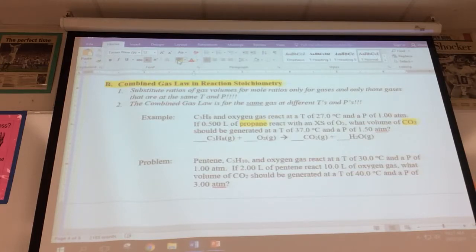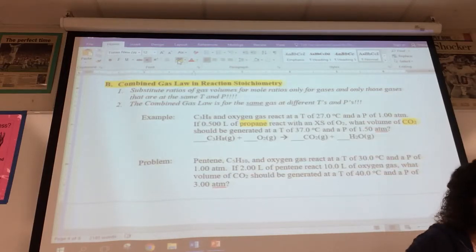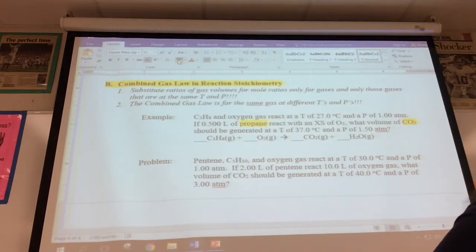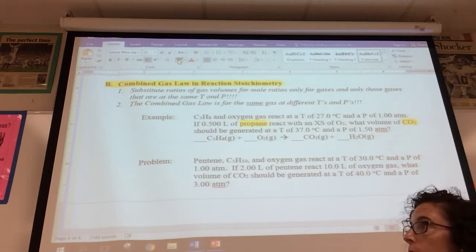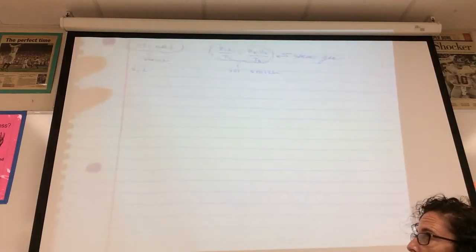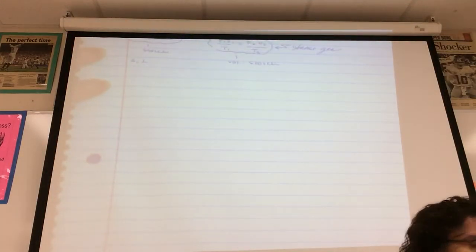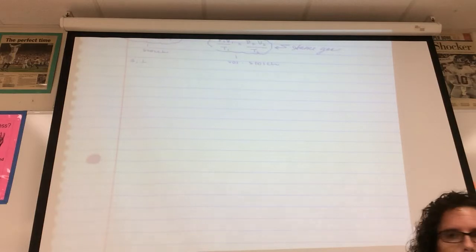So what you need to do here is first find the volume of CO2 under the first set of conditions. So let's get everything down and remind ourselves how to process this type of problem.